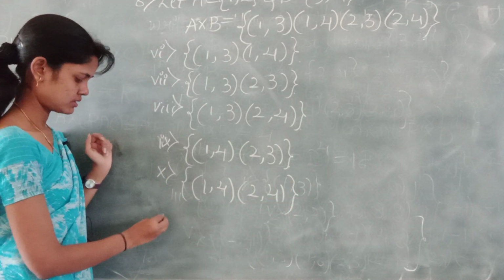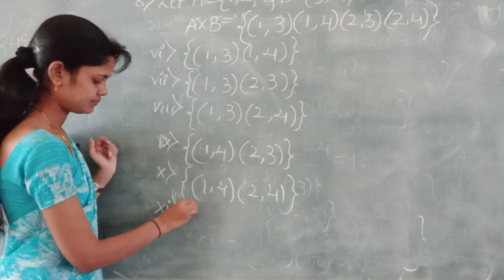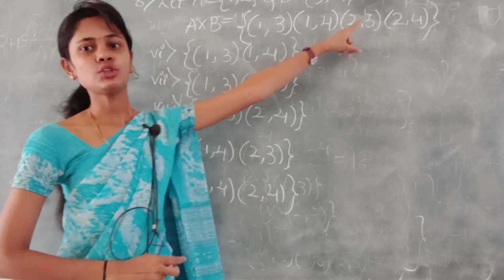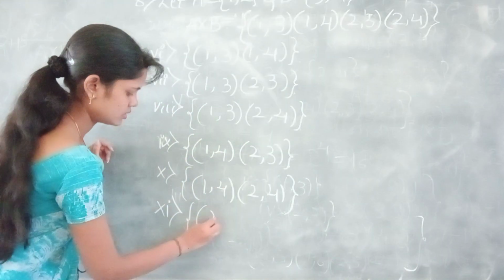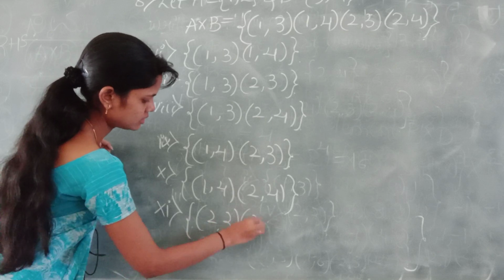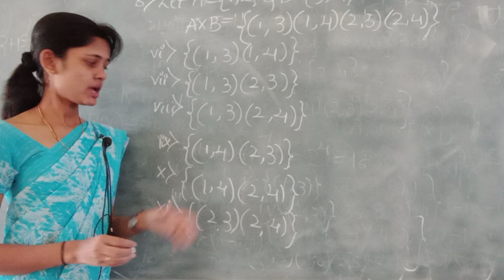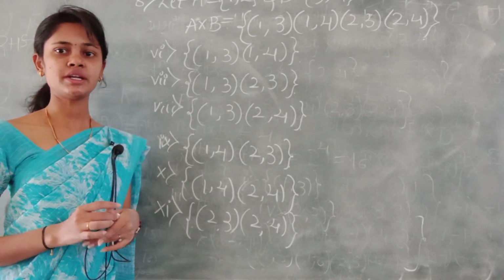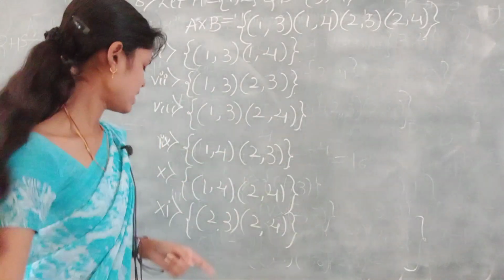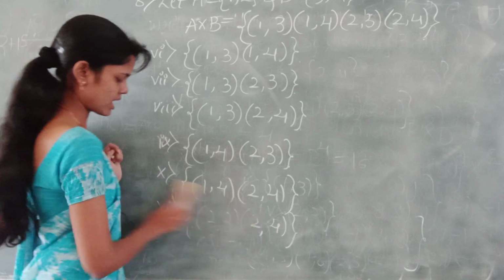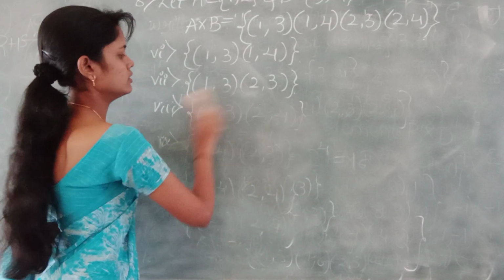Next, the 11th one, 2, 3 with 2, 4. So here all the subsets containing 2 ordered pairs are done. Up to the 11th I had written.